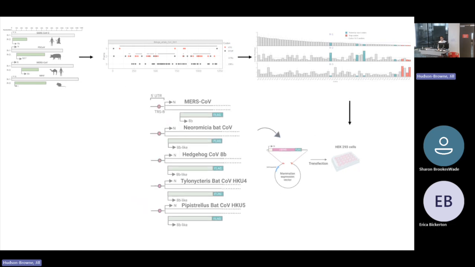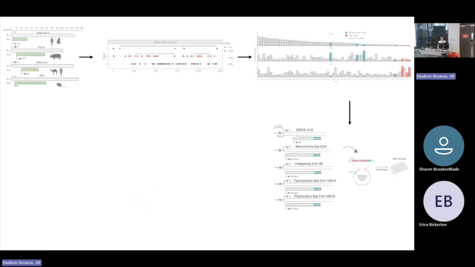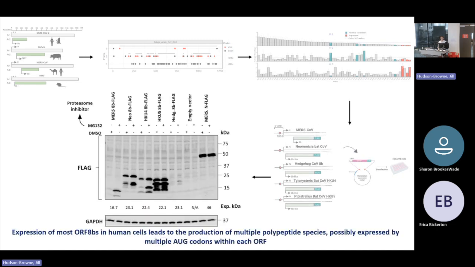When I looked for these proteins through Western blots, I could detect multiple protein products for the majority of these ORF8bs, from MERS-CoV to HKU5 coronavirus ORF8b. This suggested that the expression of most ORF8bs leads to the production of multiple polypeptide species that could possibly be expressed by the multiple start codons we see within these ORFs.